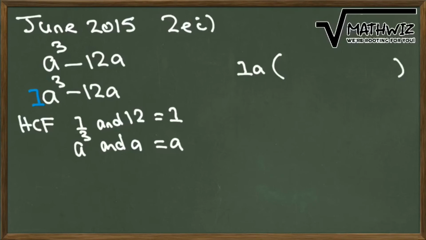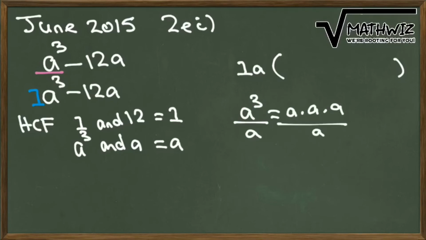Then we're going to take the first term, which is the a cubed, and we are going to divide it by 1a. So that's a times a times a over a. So these cancel, and what is left is a times a, which is going to give us a squared, right? Any number or letter multiplied by itself is a squared.